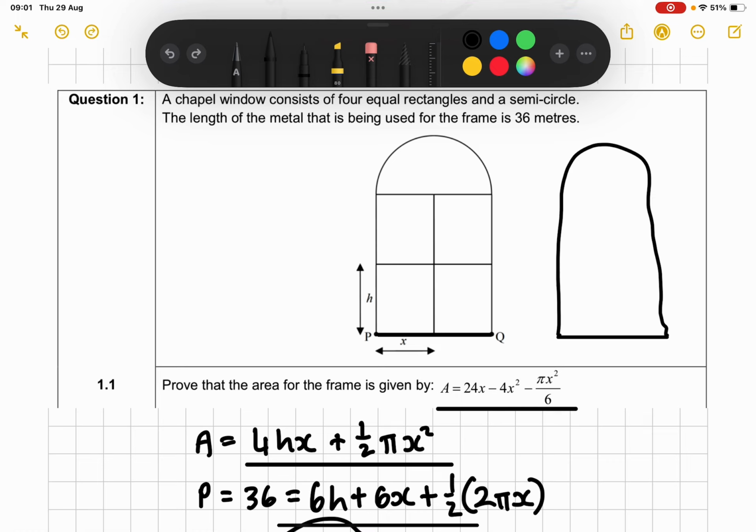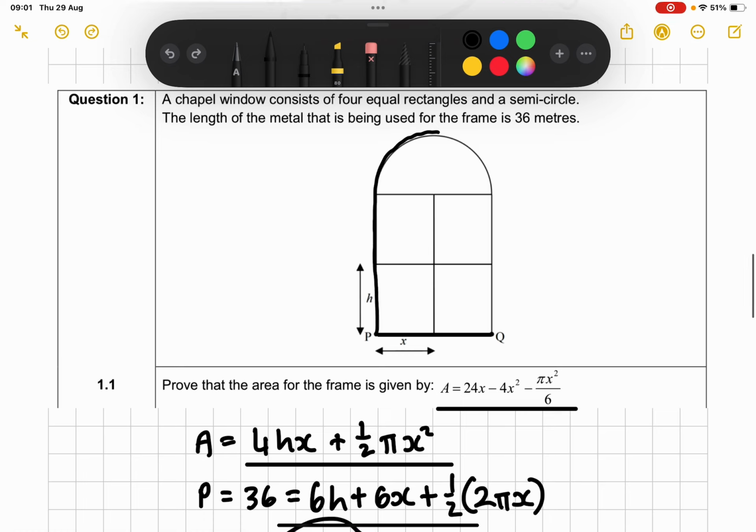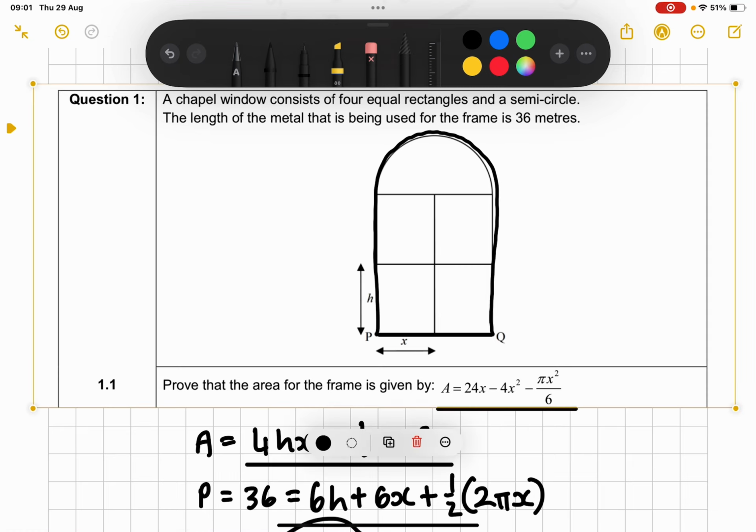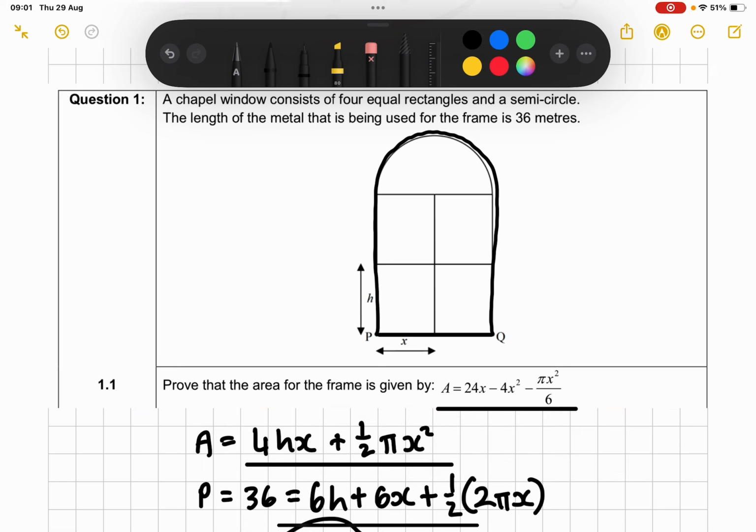But if you, for example, have this here, let me just trace this. There we go. Okay, so if you are working with this here, and you still need that semicircle, and you still need that h, all that type of stuff.